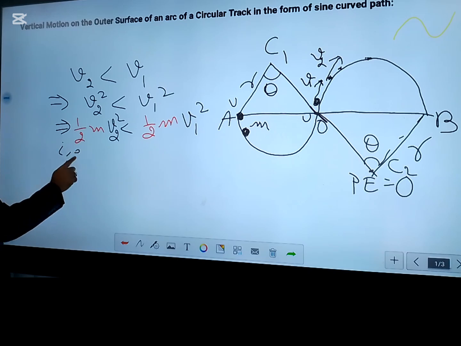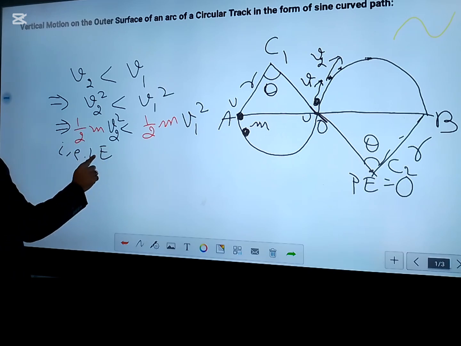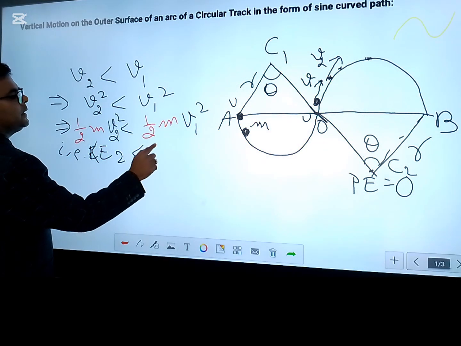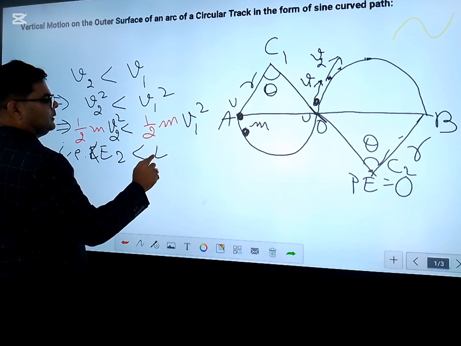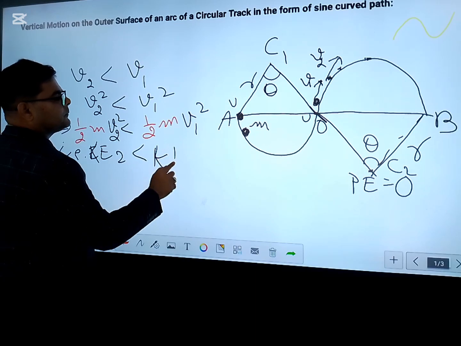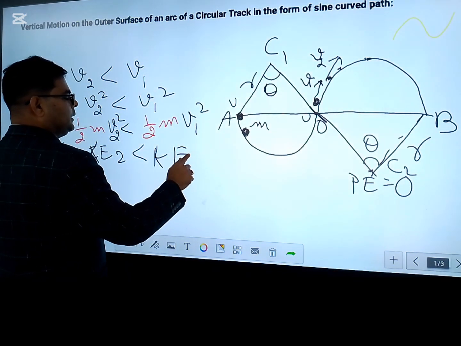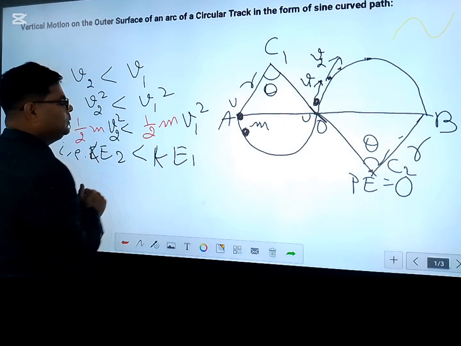That is, kinetic energy for V2, say KE2, is less than kinetic energy due to motion V1, which is KE1.